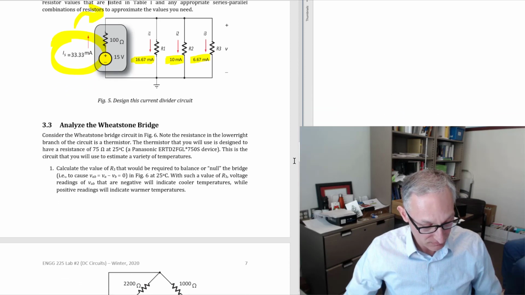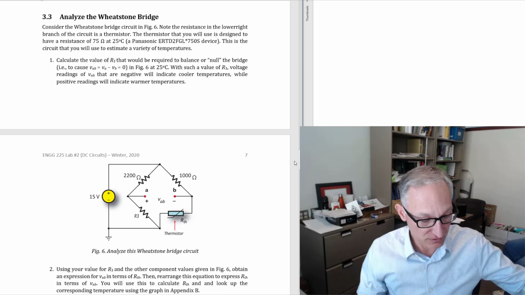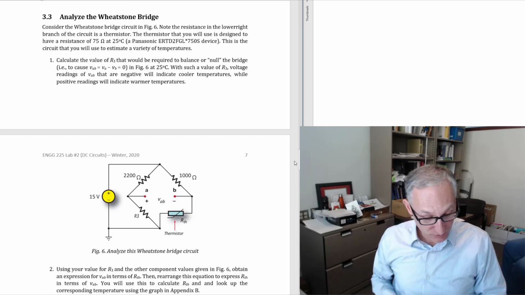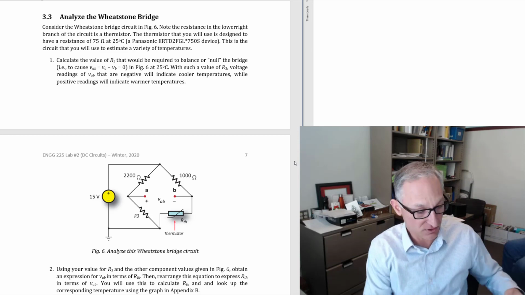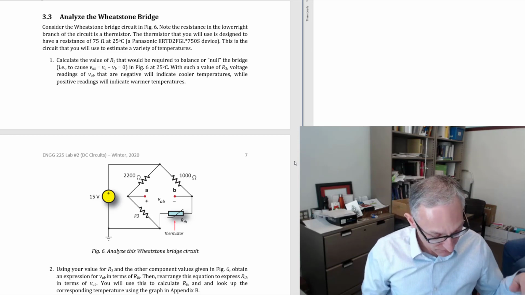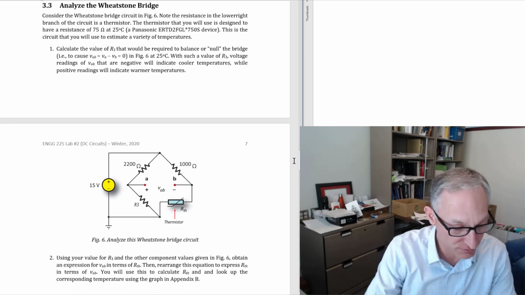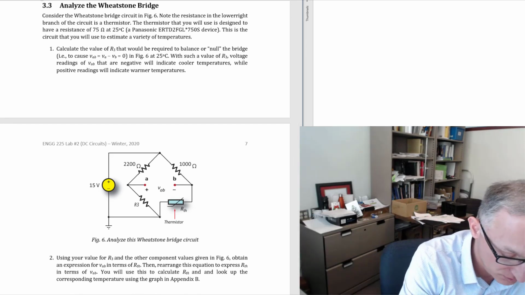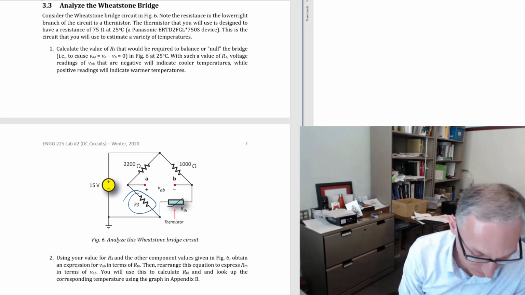Okay. The last thing you're going to be doing is analyzing the Wheatstone bridge. So you're going to construct a Wheatstone bridge circuit, and this is going to be really interesting. What you're going to have to do is come up with a value of R3 to balance this Wheatstone bridge.